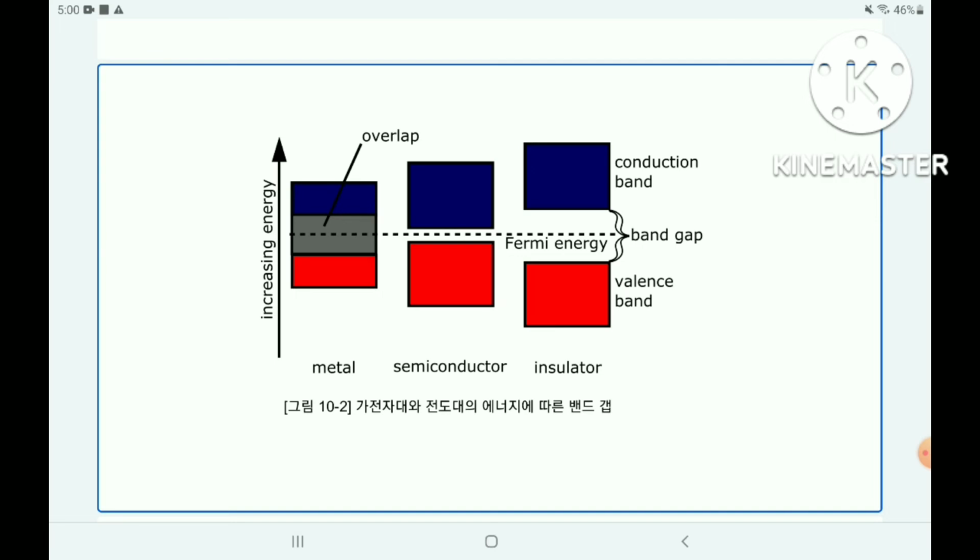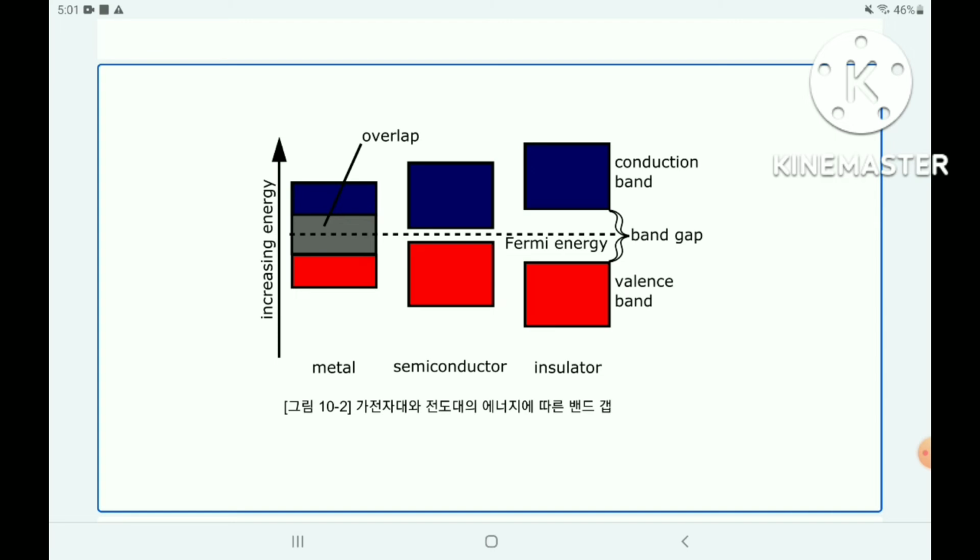Here is the Fermi energy, which we will define later. The physical definition of Fermi energy is the zero-temperature chemical potential. At zero temperature, the Fermi energy is the highest energy level of the electrons.